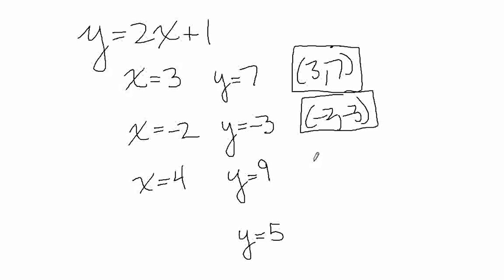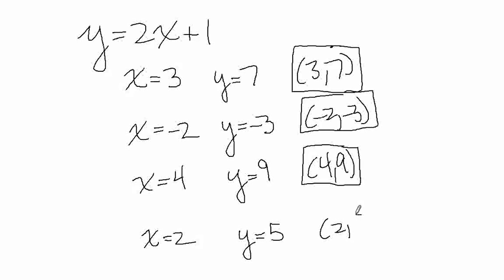So 4 comma 9 in parentheses is that solution expressed in a compact way. And for the 5, you can work it out and you'll see that x is equal to positive 2. So 2 comma 5.